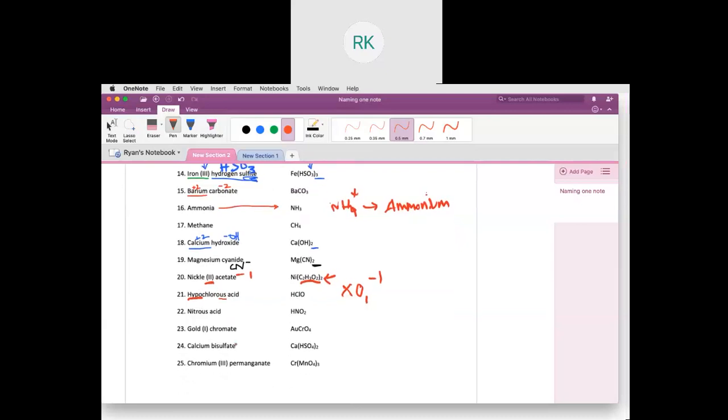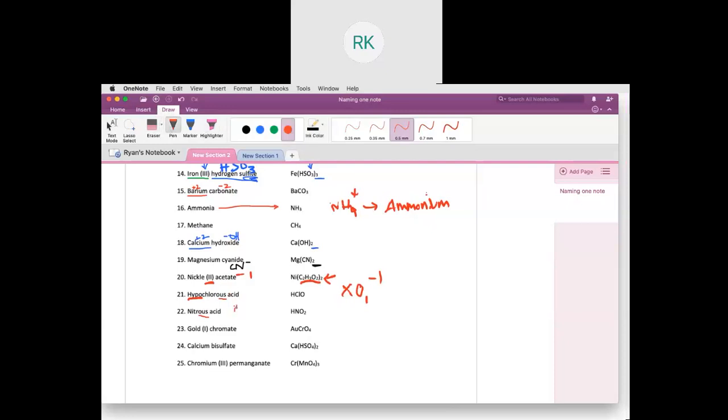Okay, just the last couple. Nitrous acid: the suffix -ous is telling us that it came from nitrite, not nitrate. Remember, I'll just kind of write it.